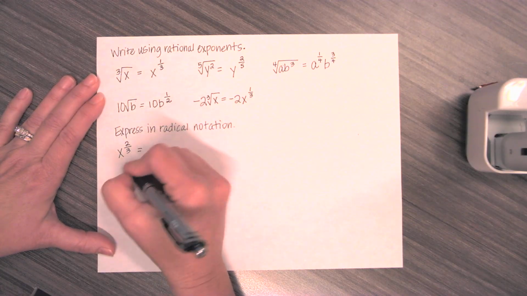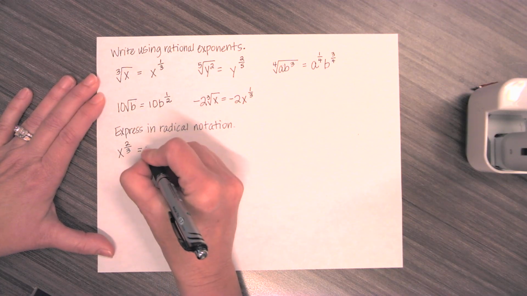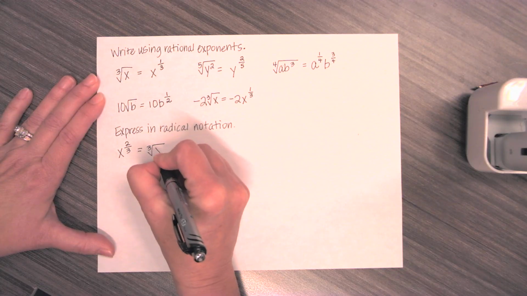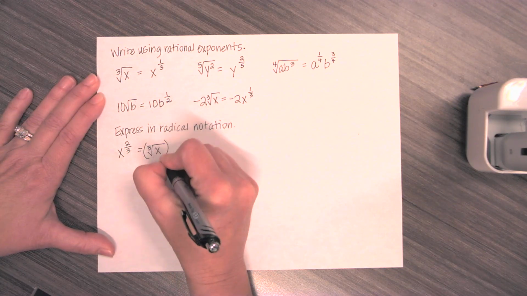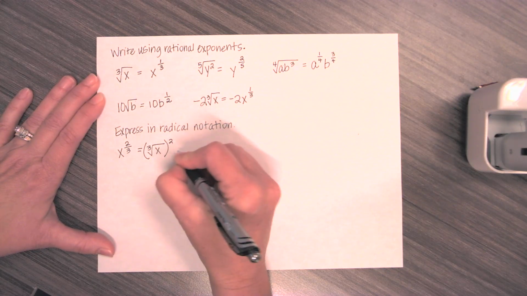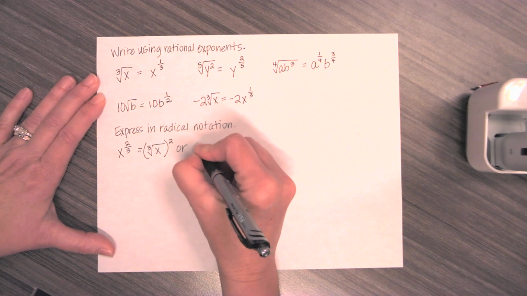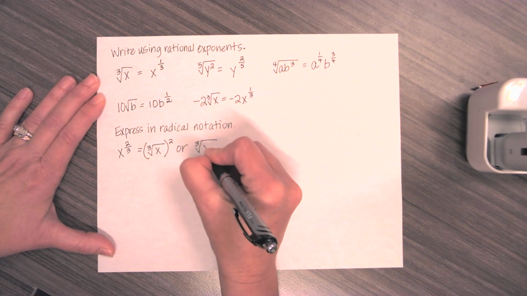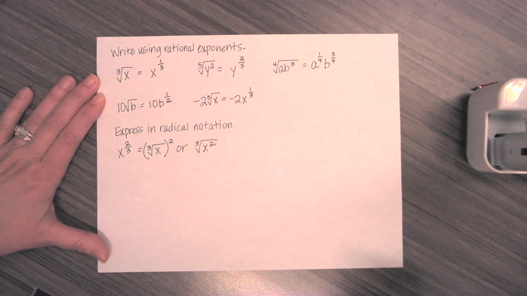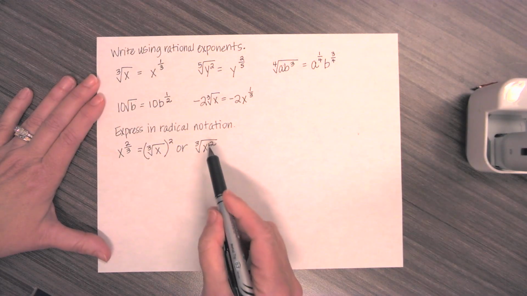We can rewrite that with the bottom number as our root and the top number as our power. So it can look like this is acceptable, or this. Okay, either one of those is fine because the order that you do it in doesn't matter.